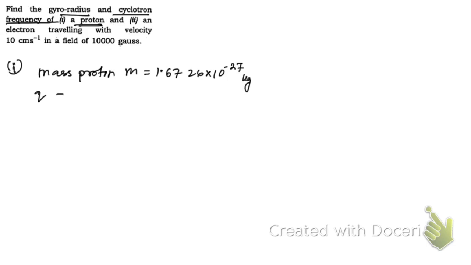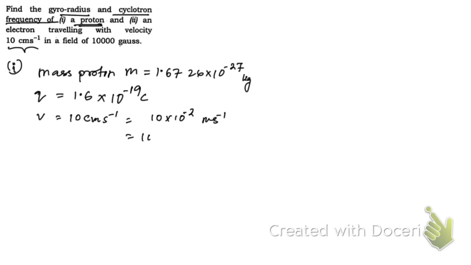The charge of proton is equal to the charge of electron, but it is positive in nature, that is 1.6 into 10 to the power minus 19 coulomb. And here you see the velocity is given as 10 centimeter per second. If you convert it into meter per second, 10 into 10 to the power minus 2 meter per second, that is equal to 10 to the power minus 1 meter per second, right?